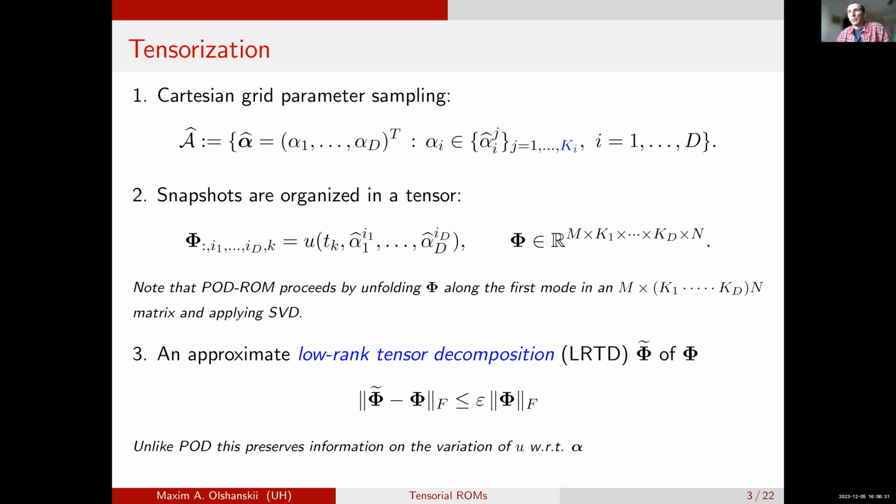So how do we want to keep this information? Instead of SVD, we want to do a low rank tensor decomposition, or approximate low rank tensor decomposition. Think about POD as a truncated SVD.